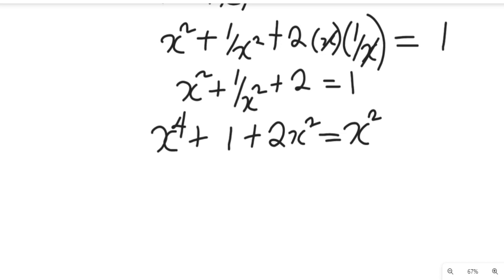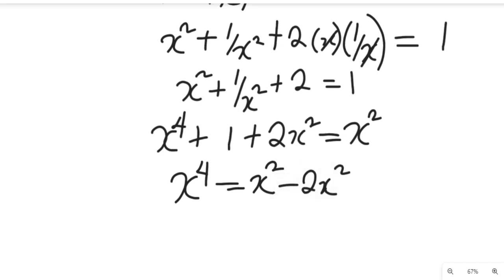So from this point, let's make x to the power of 4 the subject of formula. X to the power of 4 will now be equal to x squared, plus 2x squared will go to the other side to give us minus 2x squared, and that will give us minus 1.